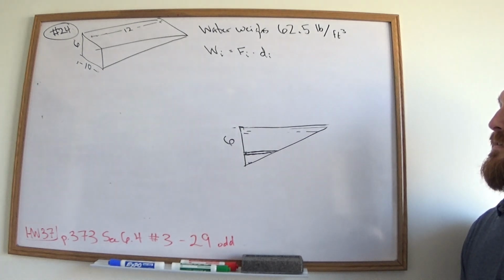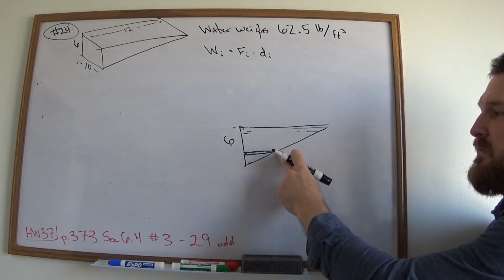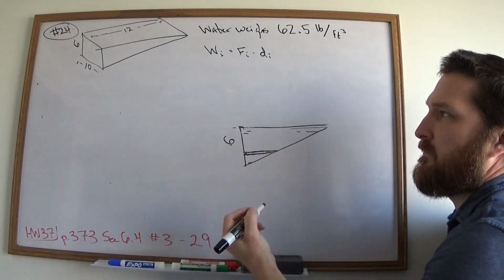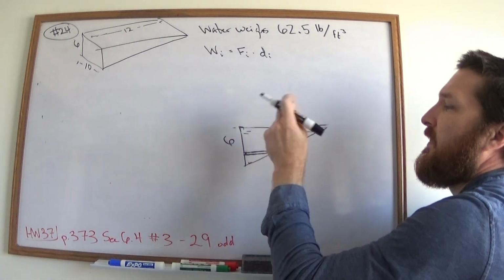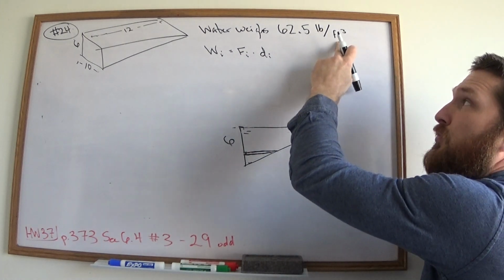But in this case, we're going to need to find the weight of one of these bits right here. In order to get that, we have pounds per foot cubed.